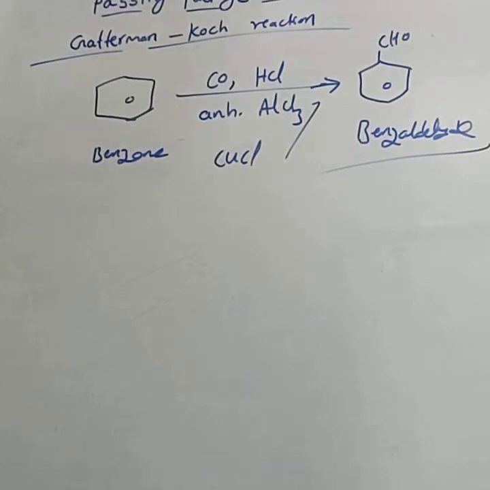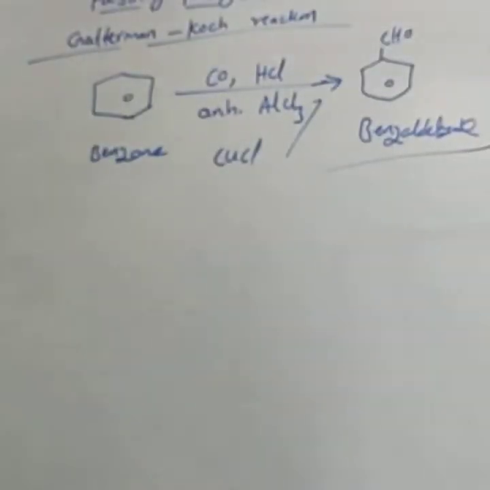Gattermann-Koch reaction means benzene treated with carbon monoxide and HCl in the presence of anhydrous aluminum chloride or cuprous chloride catalyst, benzaldehyde is formed. You write down as it is.